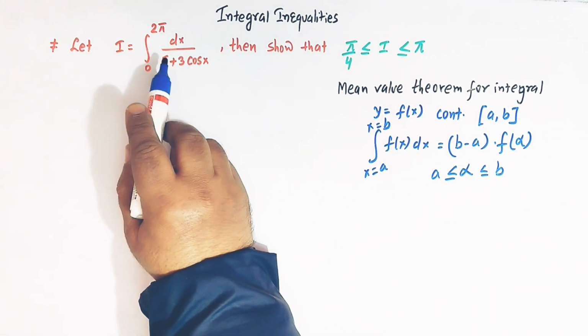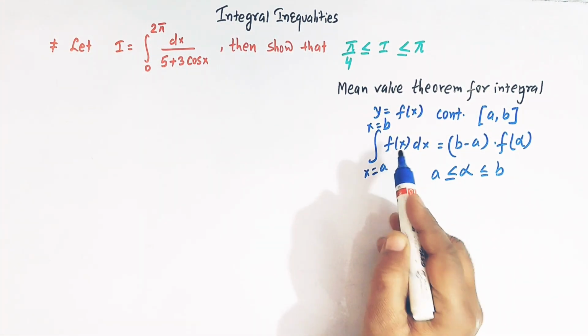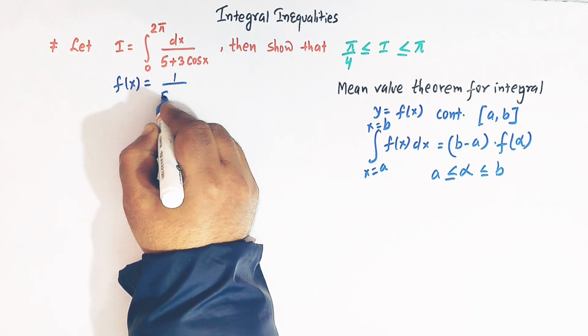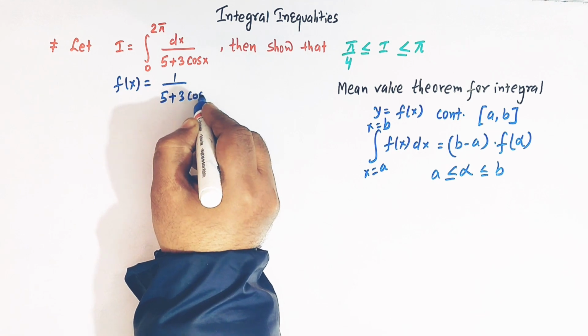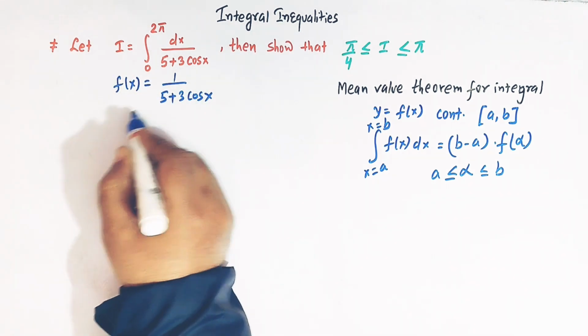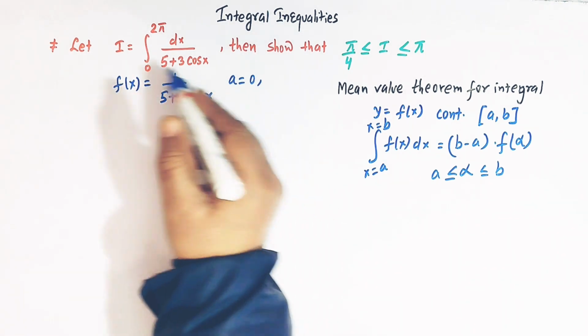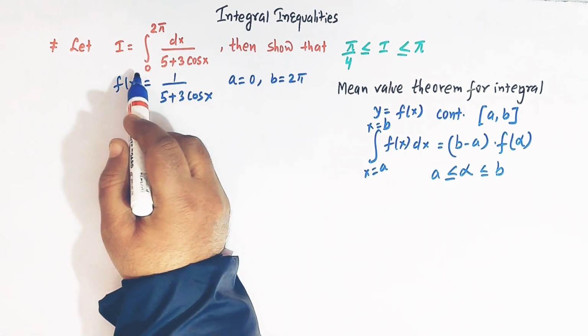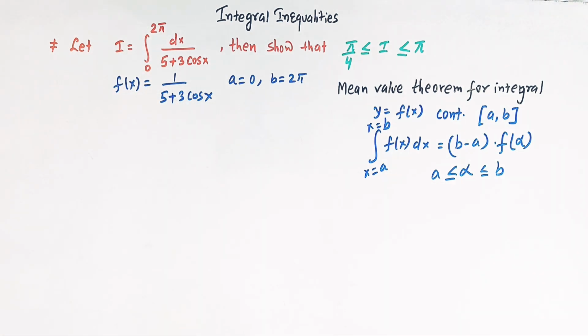Now if we compare this integral with this one, then f of x is equal to 1 over 5 plus 3 cos x, and the value of a is 0 and the value of b is 2 pi. So the lower limit is 0, the upper limit is 2 pi.